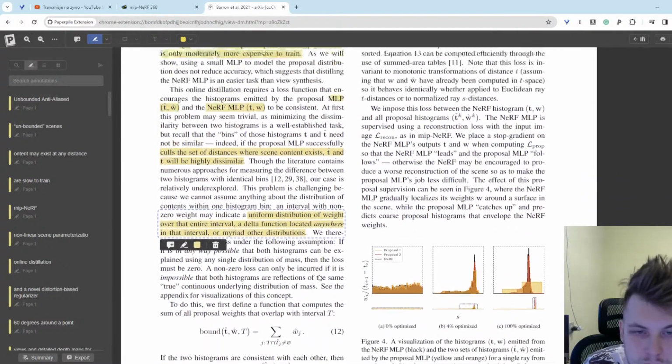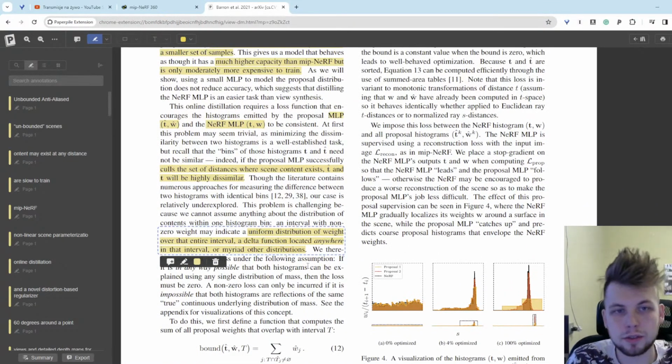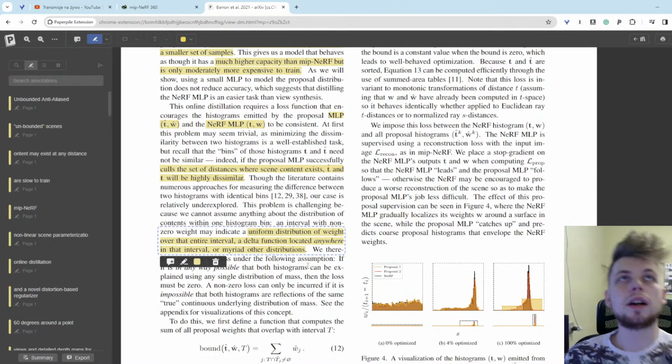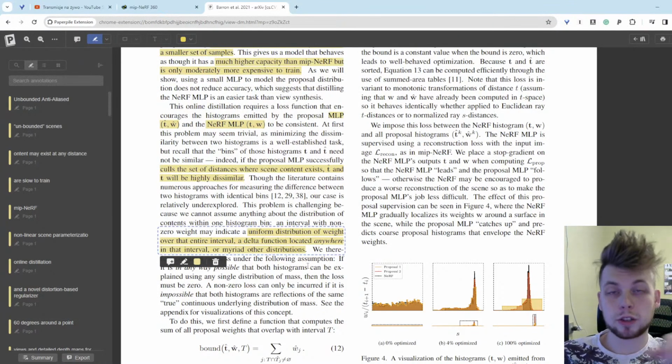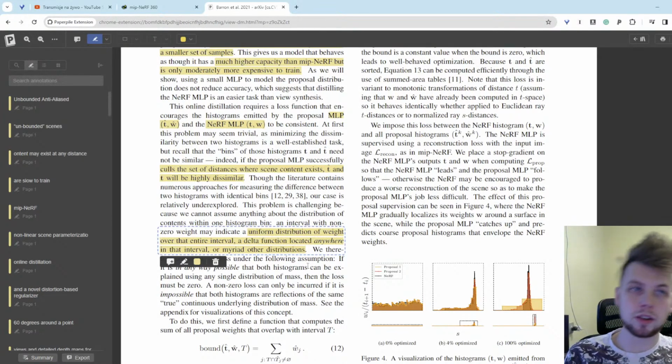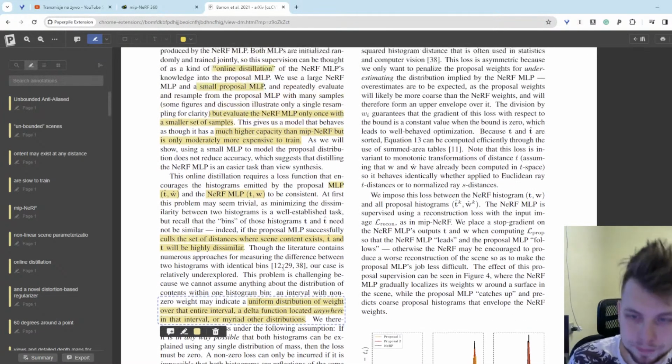So if we had a particular bin here, and this is our uniform distribution bin, then if we have multiple bins inside for the NeRF MLP, it might be that all of them are the same, might be one is very big, the other is very small. We don't know.